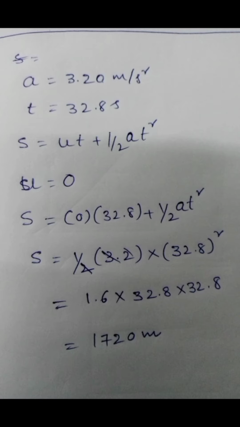We substitute the values: 0 into t plus 1 by 2 a t square. Substituting the values of a and t square, that is 1.6 into 32.8 into 32.8. So finally we get the value 1720 meters. This is the distance.